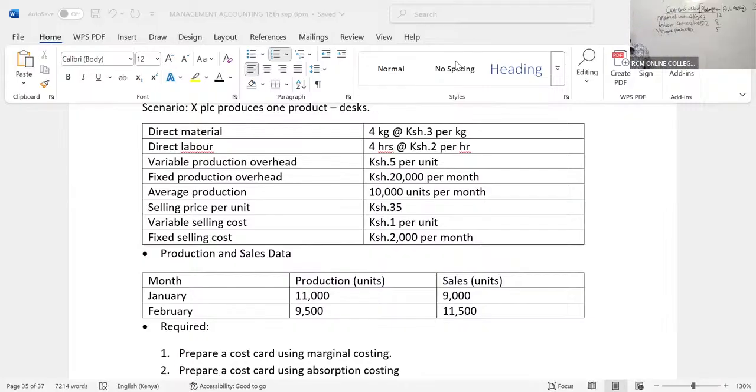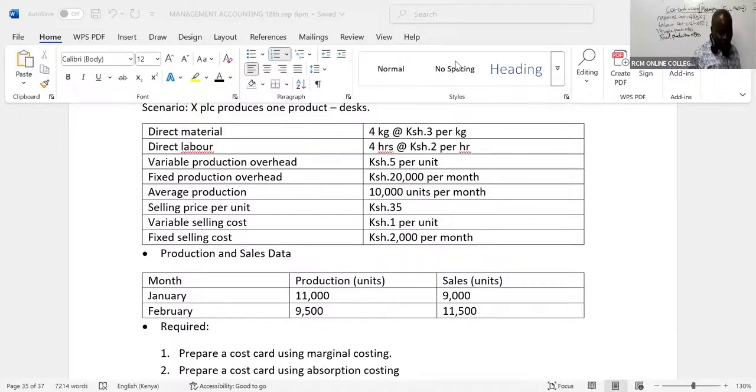So you must come here and introduce the fixed production overhead.